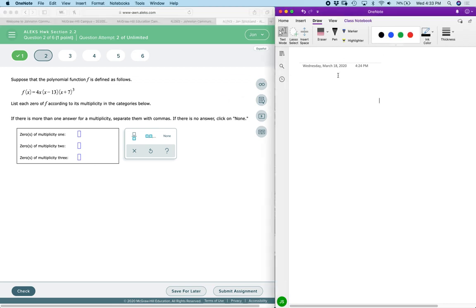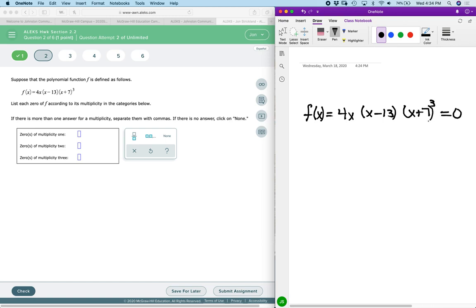Now, for this item, we have f of x equal to 4x times the quantity of x minus 13 times the cube of x plus 7.